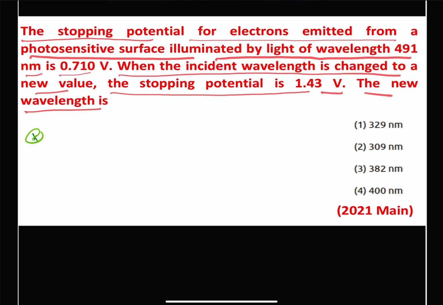So let us say that the initial wavelength is lambda 1, which is given as 491 nanometer, and then we have a stopping potential also.